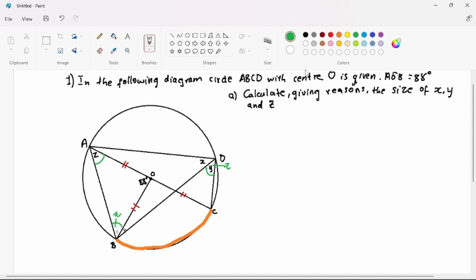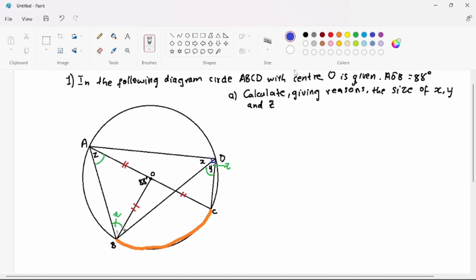Another thing that I would like us to take note of is that we can see that AC is our diameter, right? So since AC is our diameter, the angle it subtends at the circumference is angle D, meaning that angle D is equal to 90 degrees. Our reasoning is going to be angle in a semicircle, right?